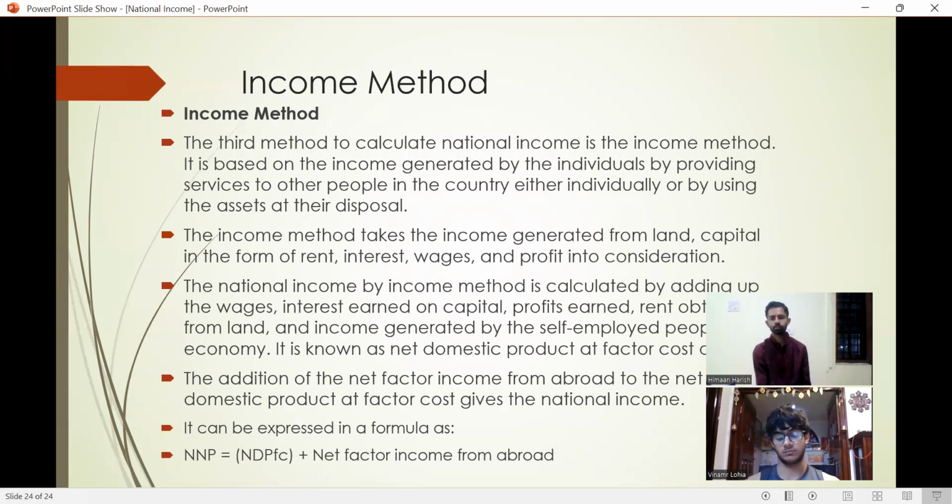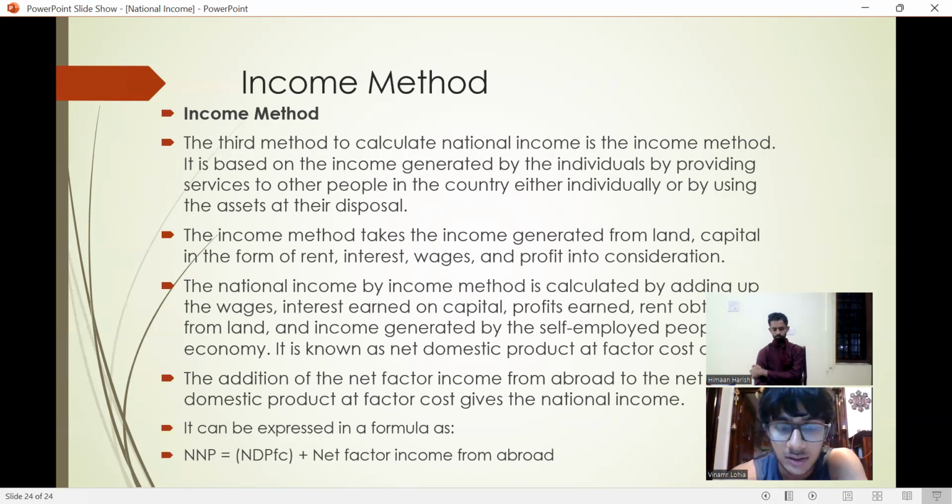And income method is the third method to calculate national income. It is based on the income generated by individuals by providing services to other people in the country, either individually or by using the assets at their disposal.